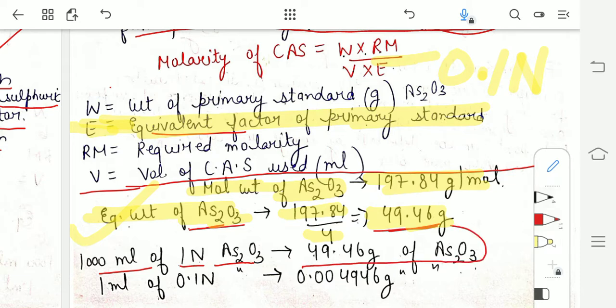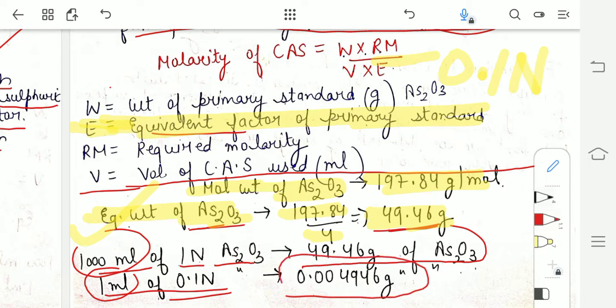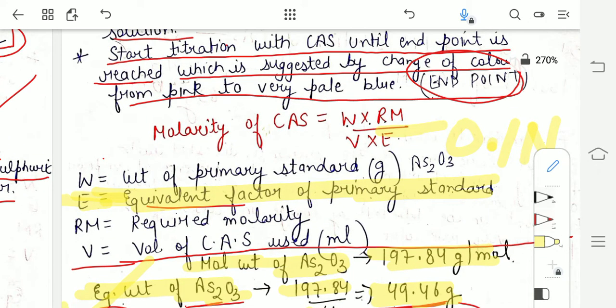So for 1 ml of 0.1 normal arsenic trioxide, it will have these many grams. It means that these many grams of arsenic trioxide will react with 1 ml of ferric ammonium sulfate. So this is the equivalent factor of arsenic trioxide, and this we will put in our equation along with the rest of the values, and finally we will calculate the molarity of our ferric ammonium sulfate.